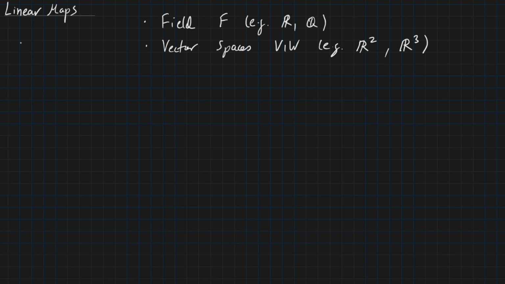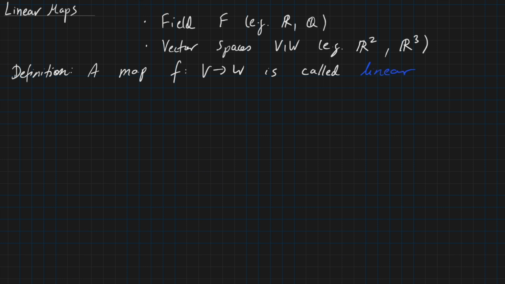And then the definition of linear maps is as follows. Definition: a map f from V to W is called linear if, so the first condition, f of ax equals a times f of x.